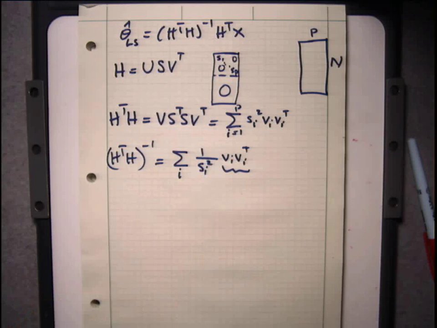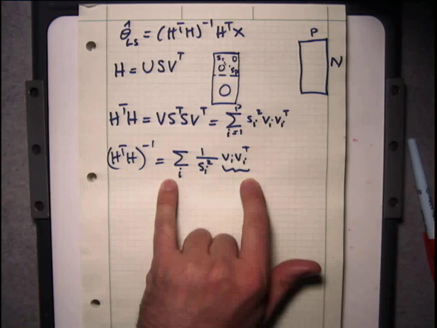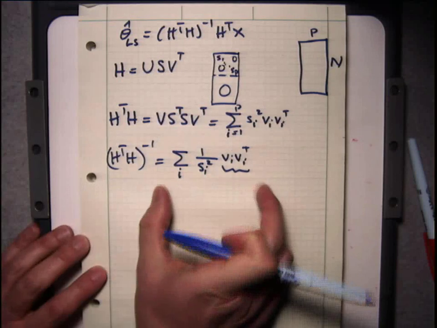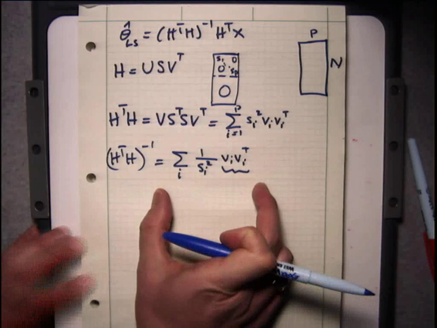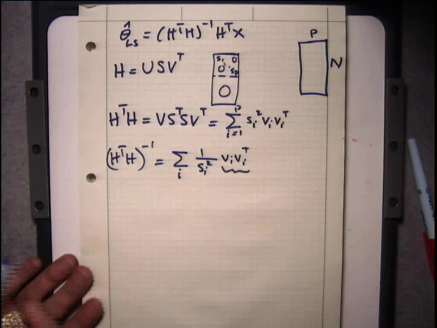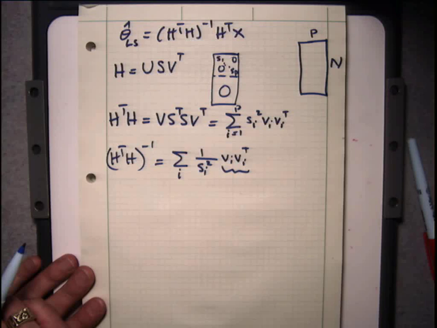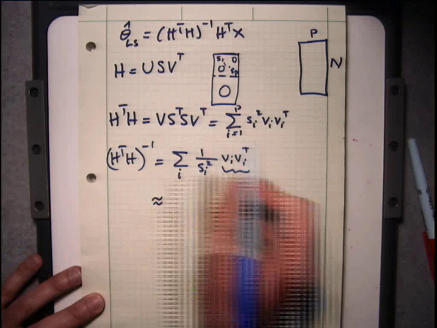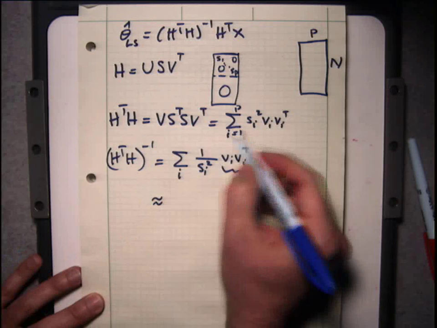Okay. So one way to avoid this is to cut this sum off before you get to the point where the S_i's are too small. So one way to do it is to approximate this by ignoring some of the i's.